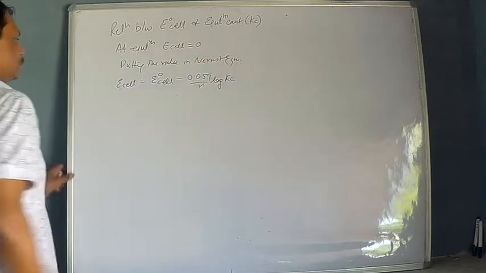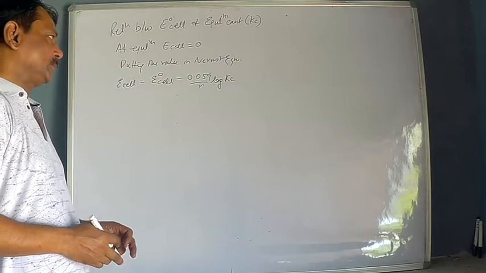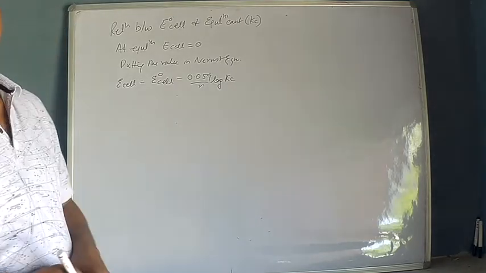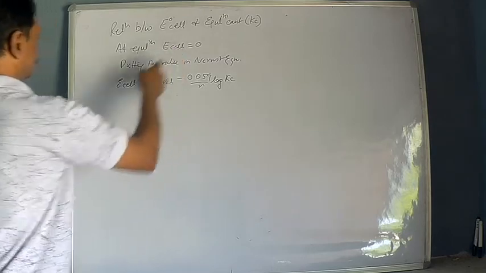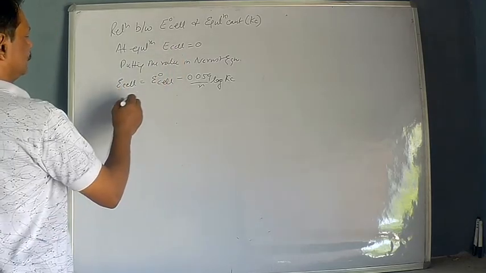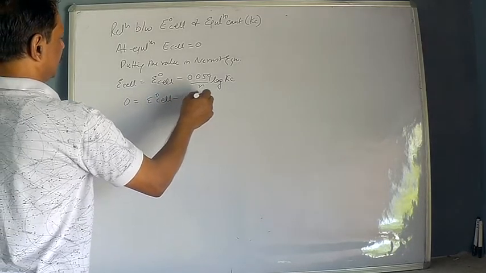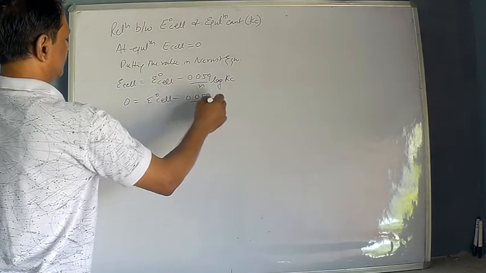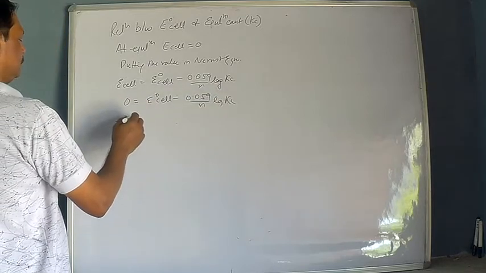Class, remember we used to write log P by R, and P by R was your Q expression. So in place of P by R, we can very well write Kc. Now putting the value of E cell here, we get 0 equals E0 cell minus 0.059 upon n log Kc. E0 cell is brought here.